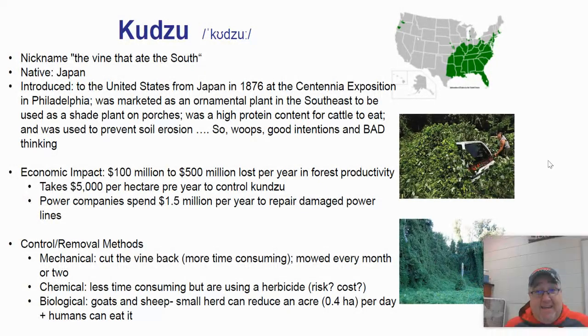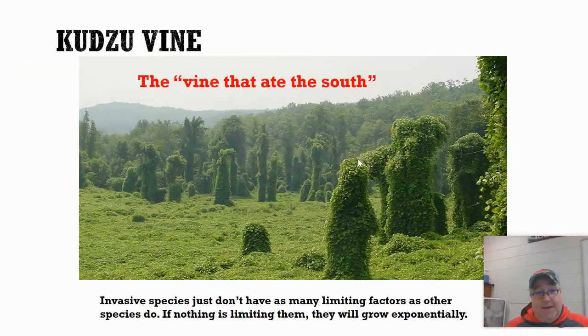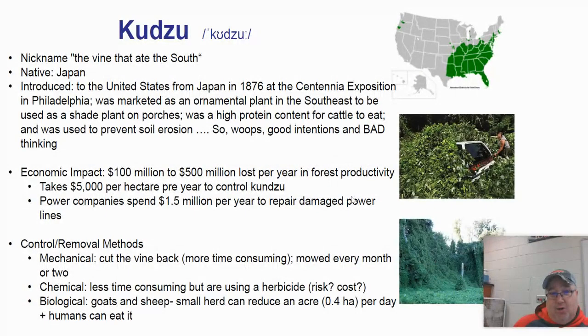It doesn't have any native predators. It doesn't have any harsh winter conditions, especially down in places like Georgia and Florida, Mississippi, Alabama. This plant completely overpopulates, and they call it the plant that ate the South because pictures like this are actually very common. It just grows on everything because nothing is limiting its growth.